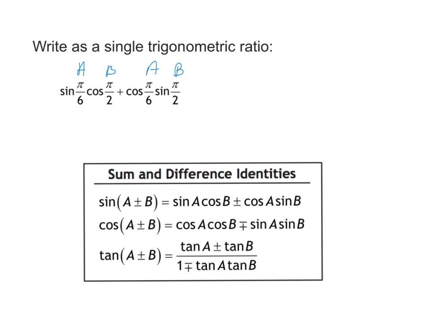So which identity is sine A cos b plus cos A sine b? Sine A plus b, right? So it's the sine sum identity. Which means I can simplify this to sine A plus b, which is sine pi over 6 plus pi over 2.